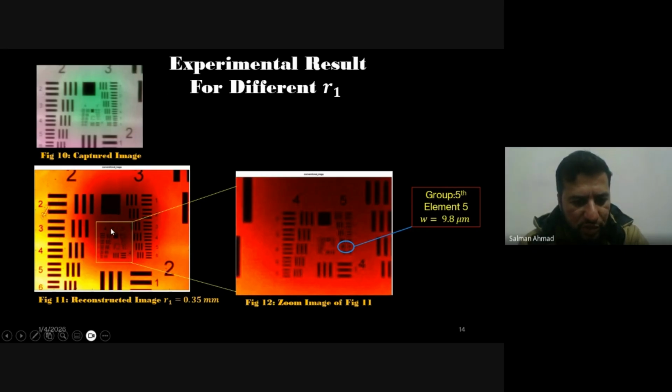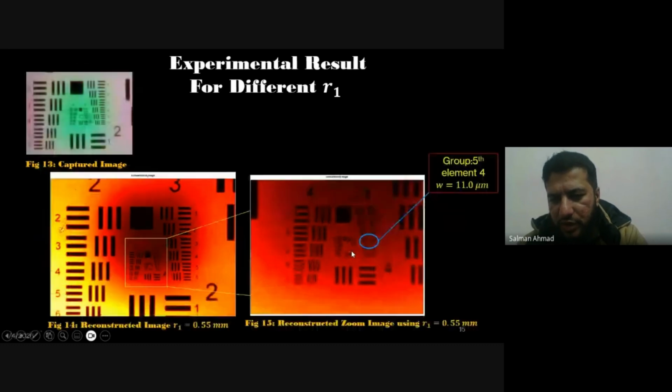When we zoom into this part of the image, we can see that in the fifth group, the fifth element, which is 9.8 micrometer, is slightly resolved. We can see up to this group, but the sixth element is not fully resolved.